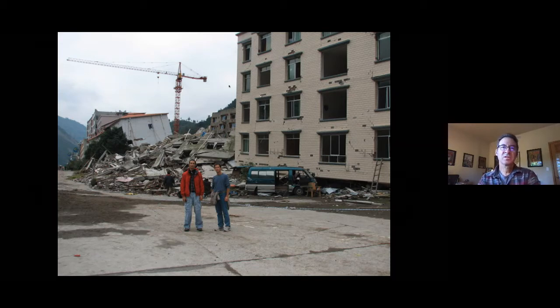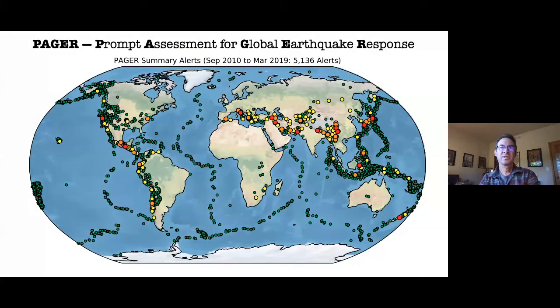This motivates a challenge that we have here at the National Earthquake Information Center, and that is to determine which earthquakes are going to be unimportant in terms of societal consequences, the green dots here, which ones are going to be local disasters, yellow, national disasters, orange, or international disasters, red.